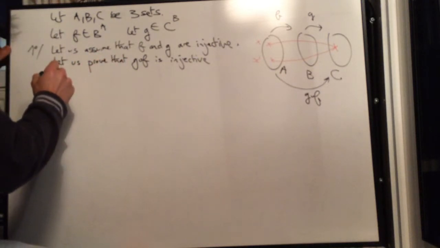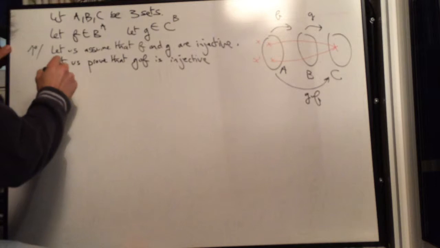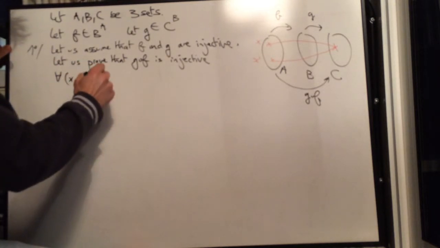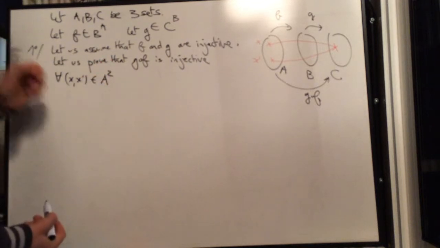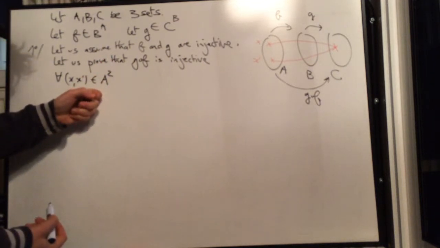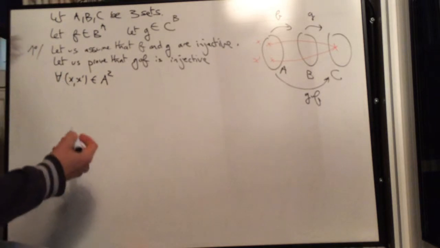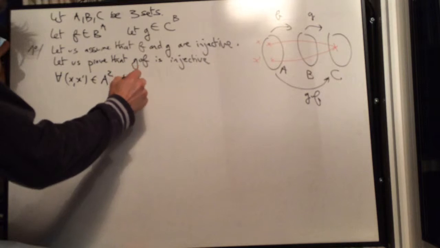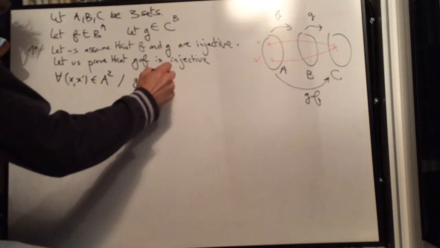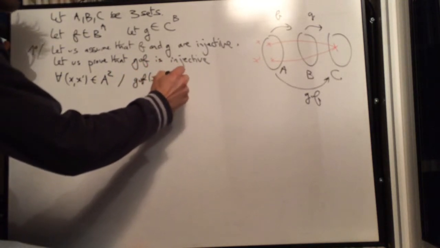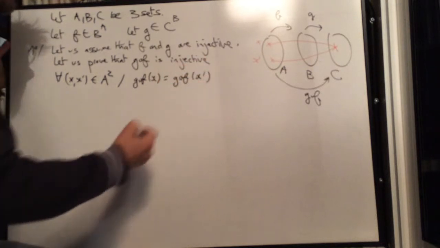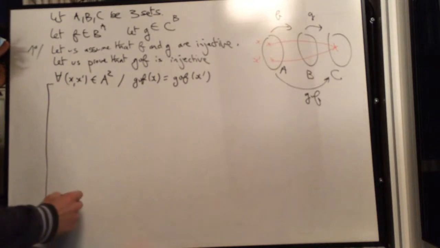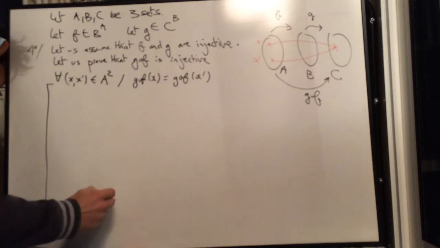So we write: for all x and x prime that belong to A, the set of departure of g of f, such that their images by g of f are equal, and we are going to prove that x is equal to x prime.